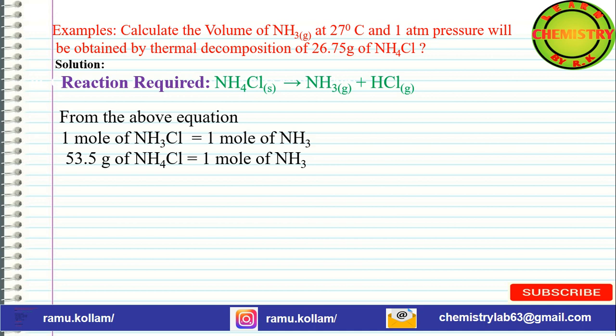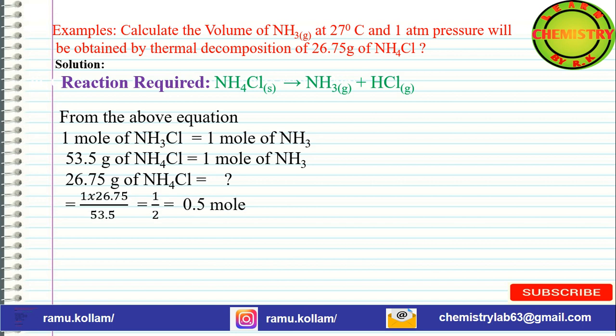But we want to know, 26.75 grams of ammonium chloride gives how much volume of ammonia. So from this very simple unitary method, cross multiplication, 1 into 26.75 by 53.5, finally we will get 1 by 2, which is 0.5 moles.